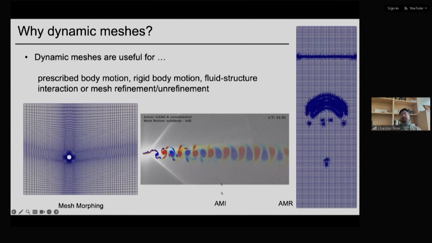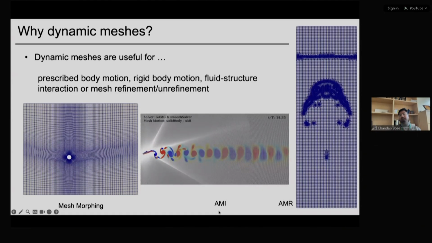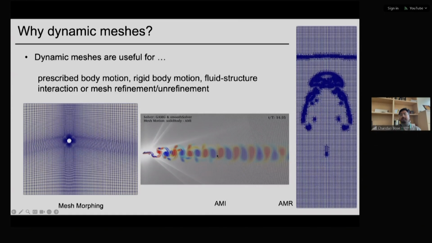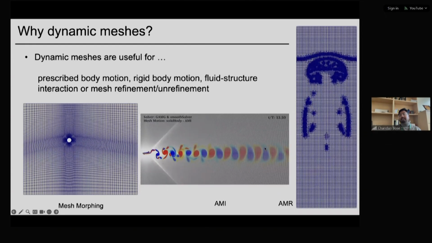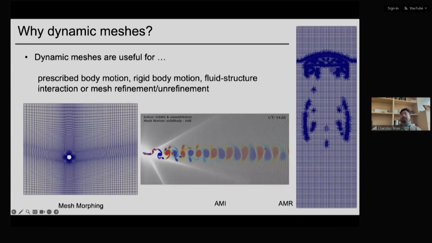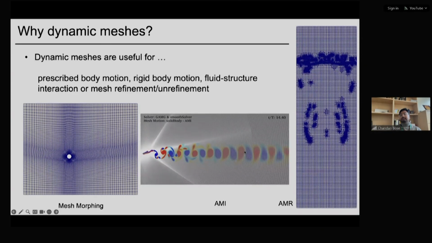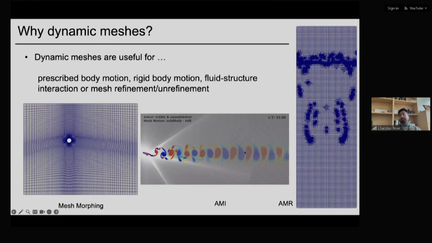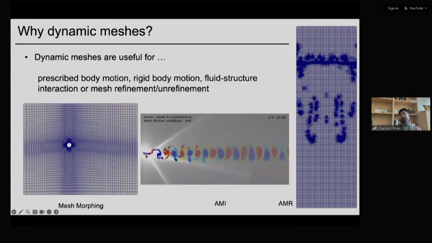And in the middle, you can see what is named AMI, the arbitrary mesh interface technique. I will come to it in more detail, but in this case, we use the sliding technique, where we have multiple different mesh regions, and one of the mesh regions slides over the other to incorporate the motion, such as here, a pitching airfoil.